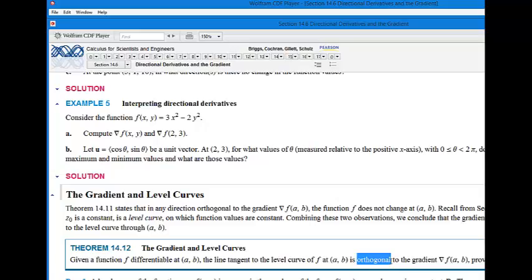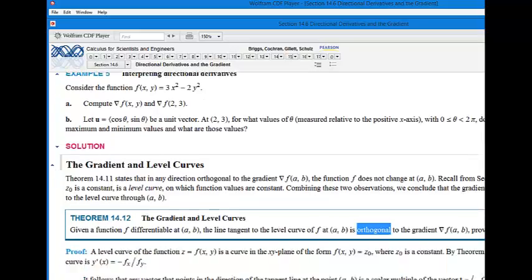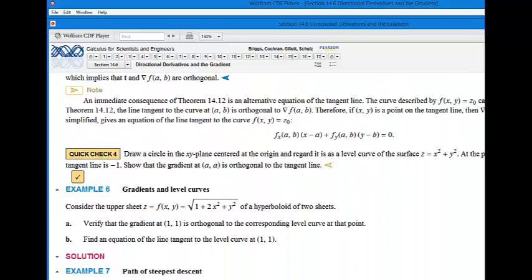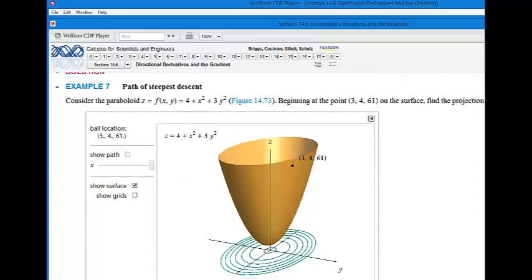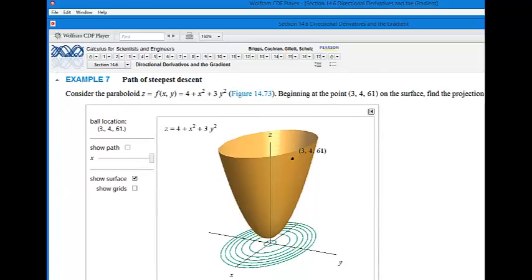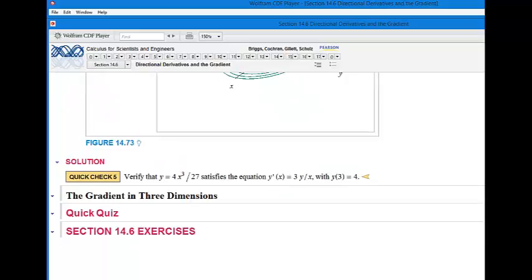But orthogonal basically means dot product is 0. And actually that's how the proof goes too. So I'm going to skip that for the sake of time, it's time to move on. What's interesting, again, is that the path of steepest descent you can get by computing the gradient. And that's really kind of the point. Okay?